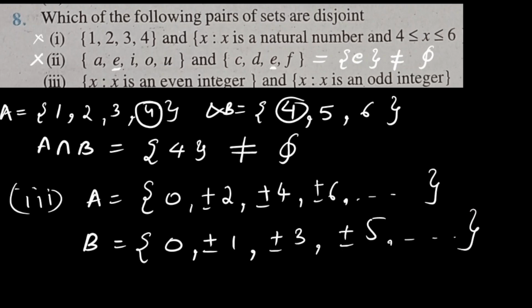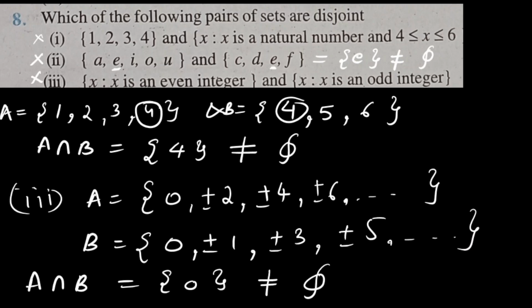Integers, because they haven't mentioned positive or negative, so I am considering both. Here also, if you see the sets and find A intersection B, its answer will be 0, which is also not equal to the empty set. That means here also in part three both the sets are not disjoint.